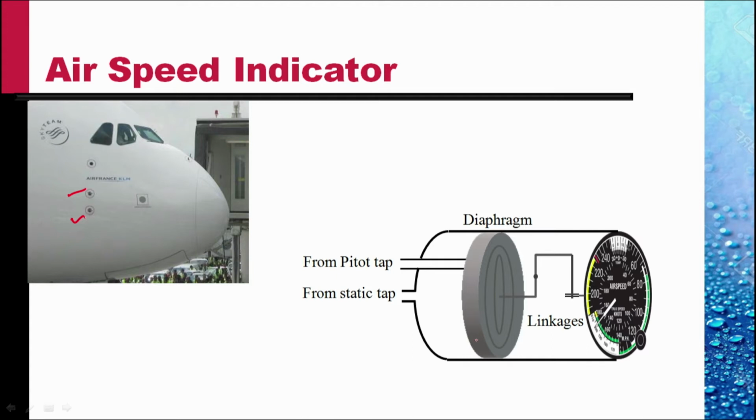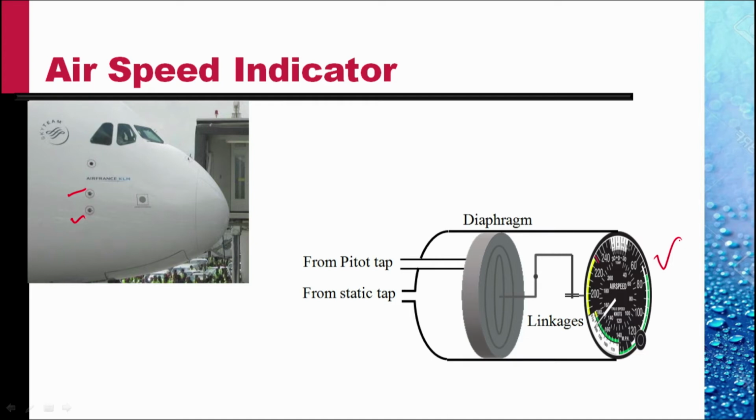Because of the difference of this pressure, the diaphragm moves, and as the diaphragm moves, through mechanical linkages, the needle on the face of the airspeed indicator moves, giving us an indication of the airspeed.